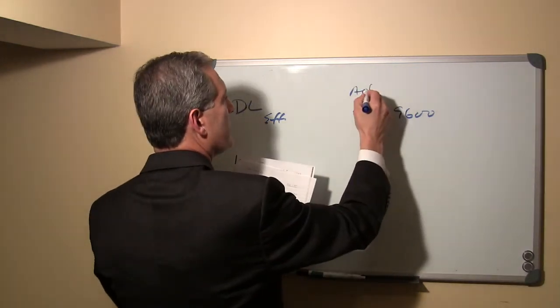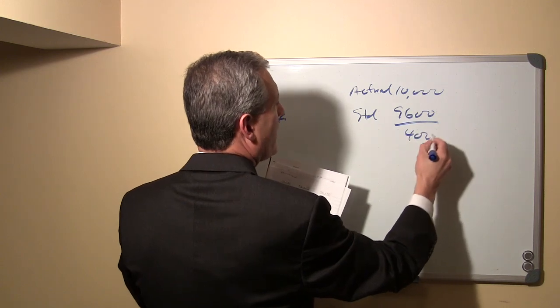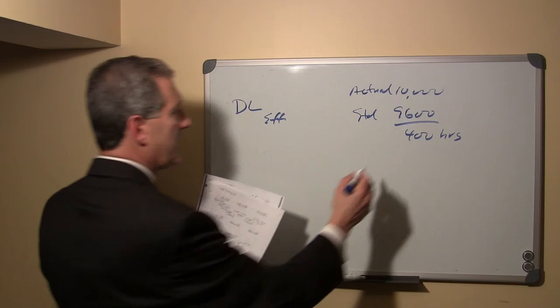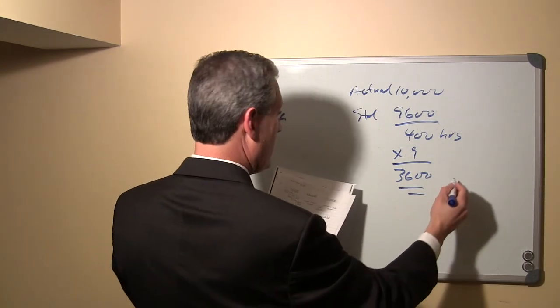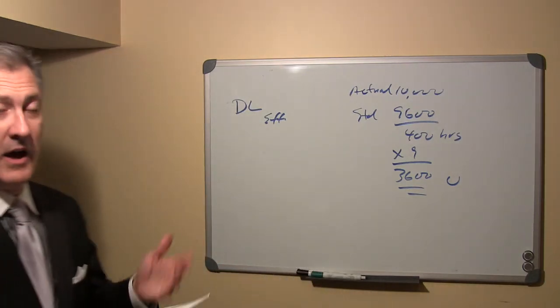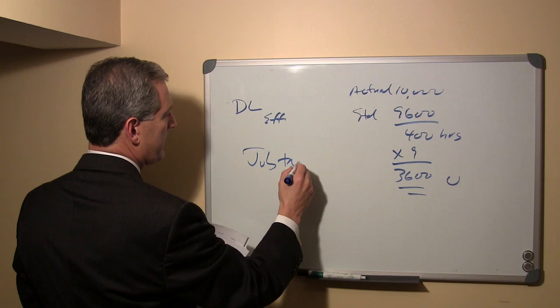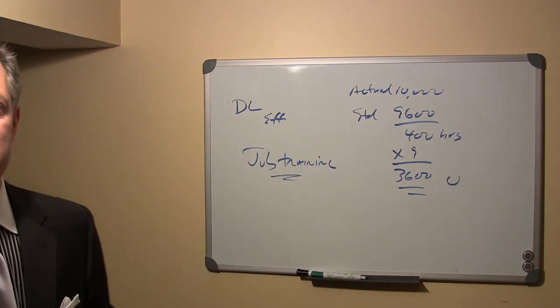They actually used 10,000 hours. Again, 400 hours more than they should have used. At $9 an hour, you can see $3,600 unfavorable variance. Again, I think you can make the argument that these employees need some job training. Job training will allow them to become more efficient.